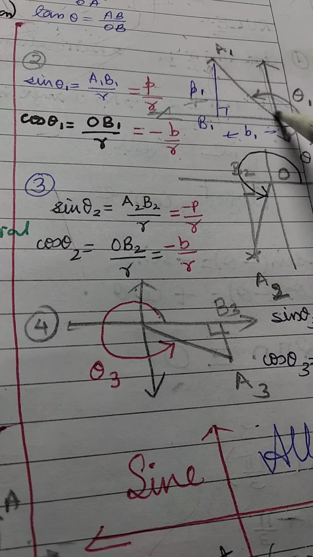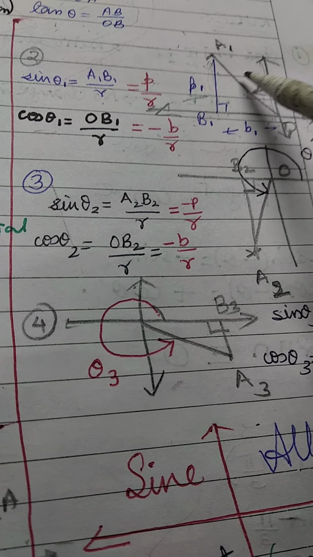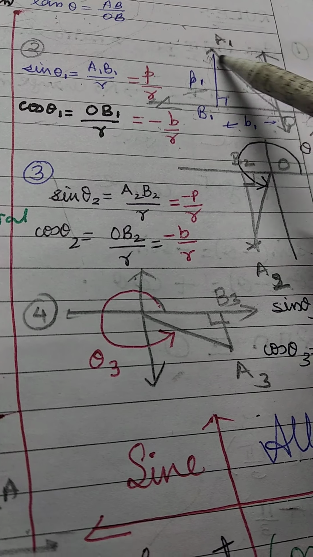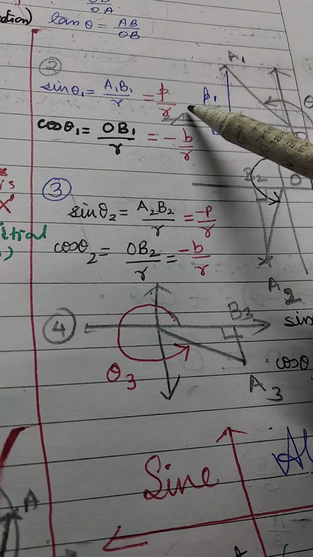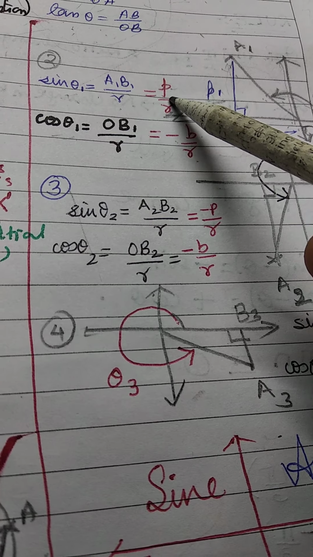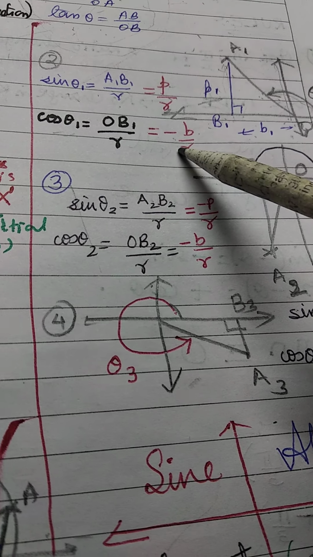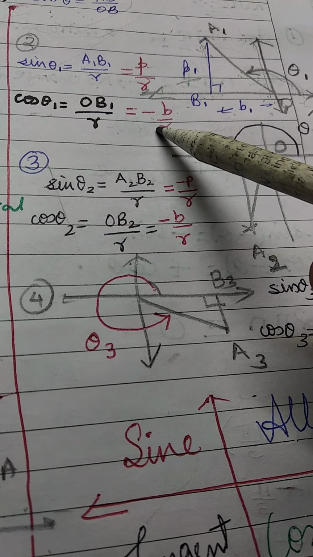When the angle's measure is in the second quadrant, in that quadrant the sine ratio is positive and the cosine ratio is negative.